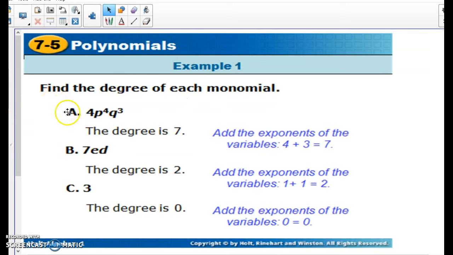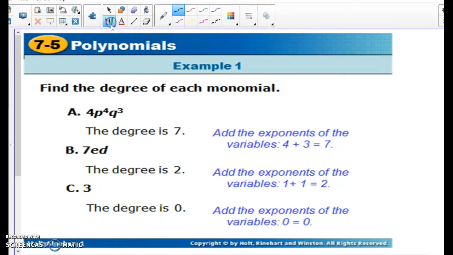So if I have something like this, 4p to the fourth q to the third, the degree is 7 because there's 4 p's and 3 q's. Here, 7ed, the degree is going to be 2 because 1 for e and 1 for d. And then for c, it's going to be 0 because there's no exponents there.